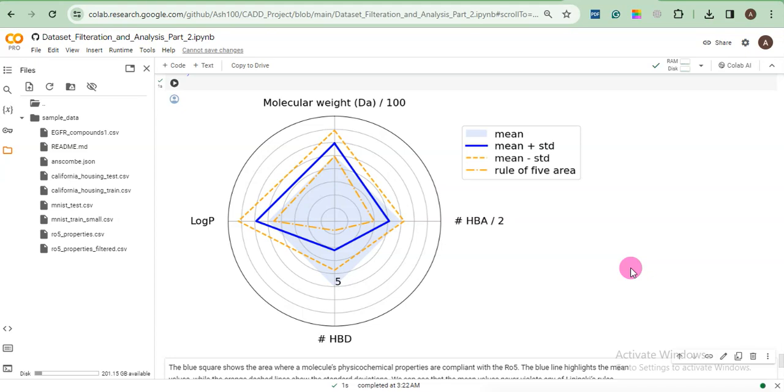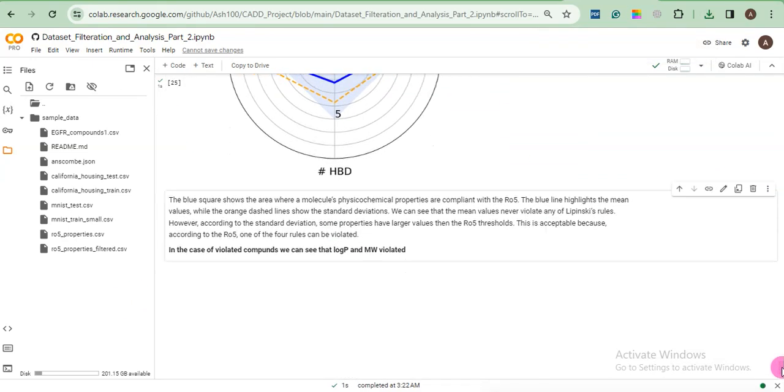On the other hand, the second one does not follow or violates the rule of 5. So we should have these two data, Ro5 properties. The whole data I have already downloaded, and this is the filtered data. So the data is stored.